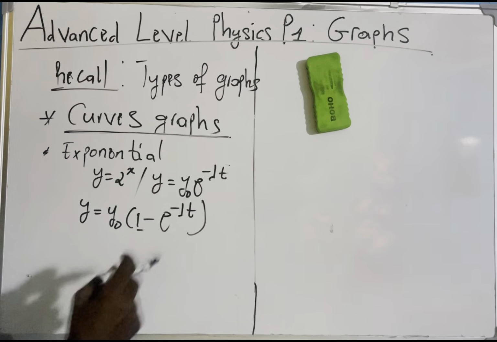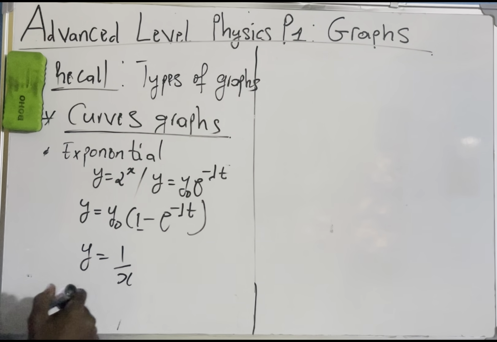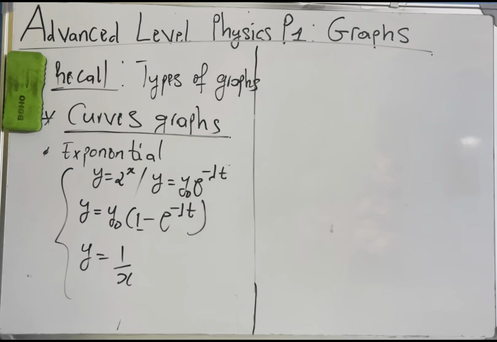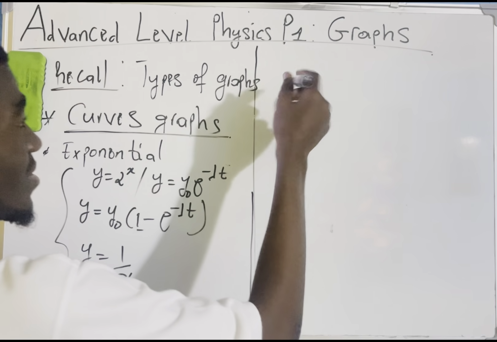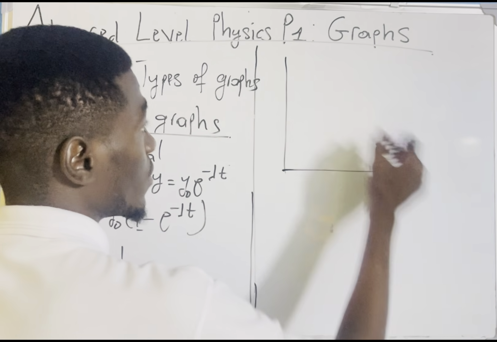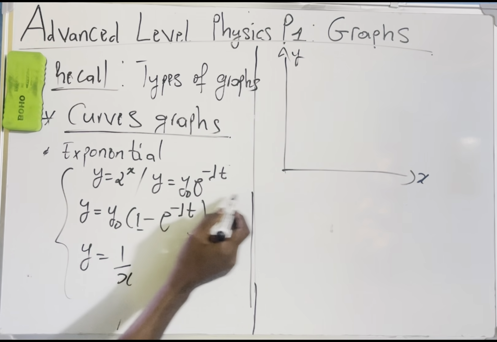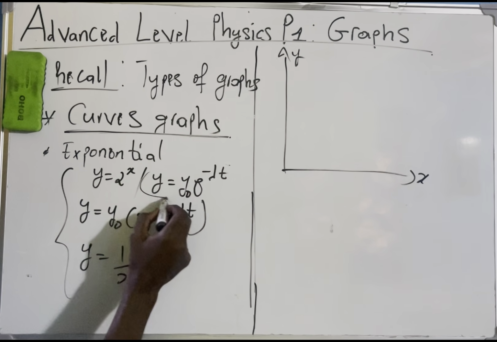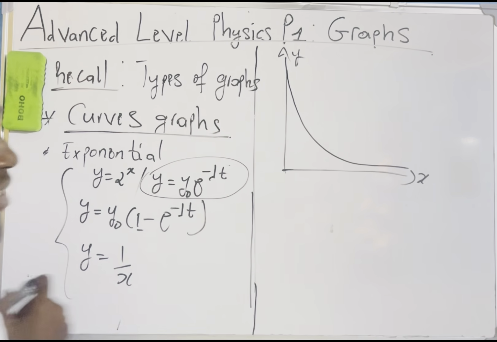We can also have y equals 1 over x. Is it okay? All these will give us curves. Are we together? The exponential curve is slightly different. If I have y here and x here, and I want to draw the decay curve, y equals y0 exponential of negative lambda t, the curve will start somewhere but never touch the x-axis.